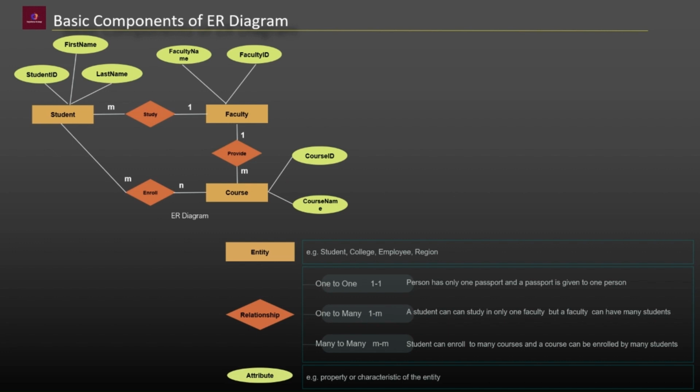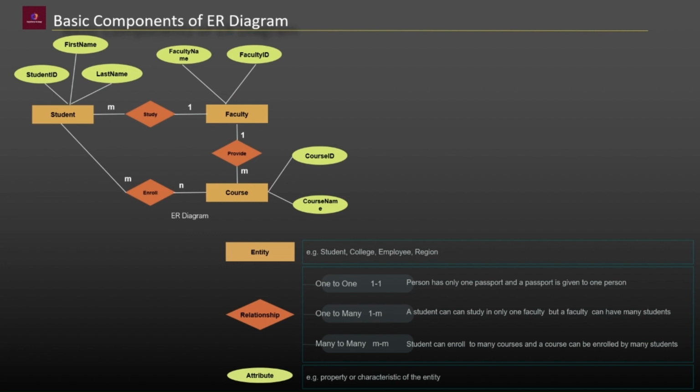In a typical ER diagram, you can find three symbols: rectangles to represent entities, ovals to define attributes, and diamond shapes to represent relationships. So let's have a look at a little bit more detail of these objects. Entities are the basic objects of ERDs.